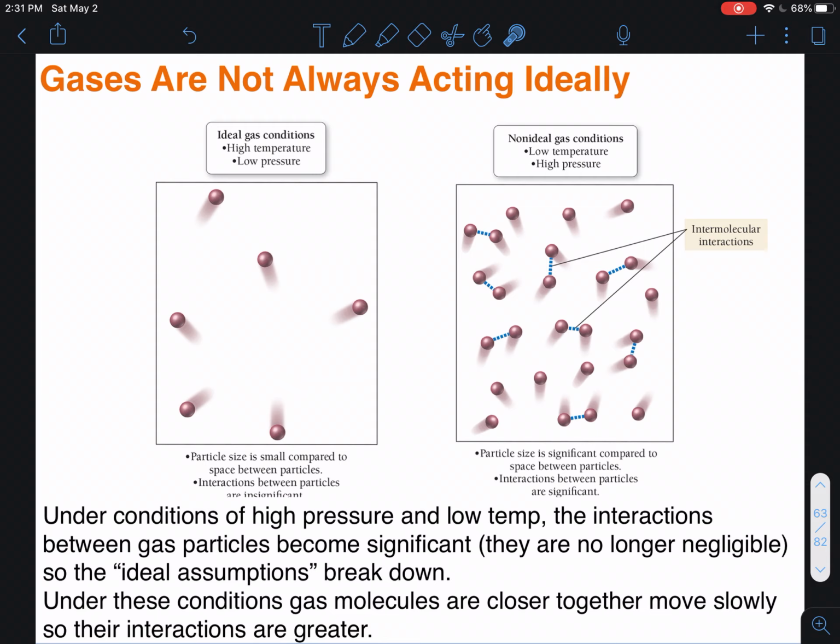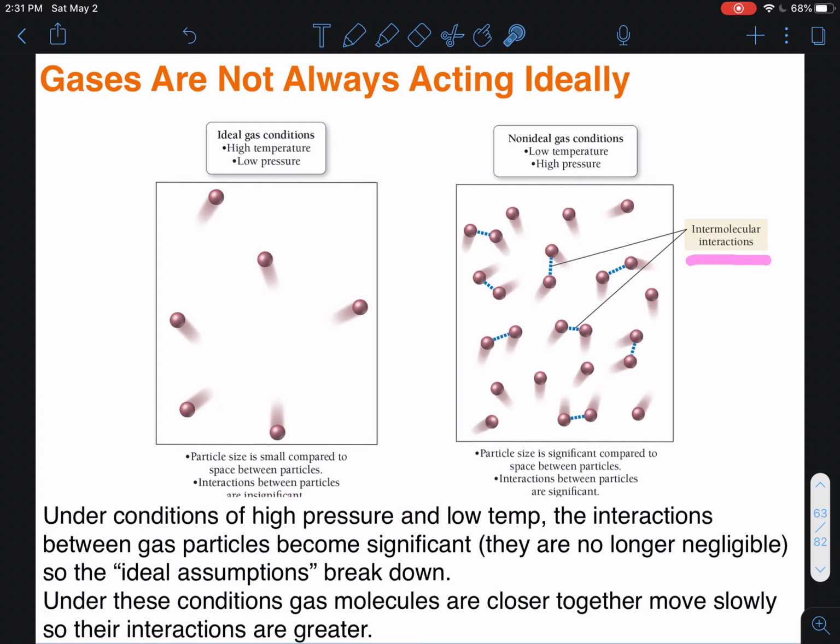So if we compress the gas to make the particles closer together, and if we cool down the gas to make them move slowly so that they do interact with each other, we have to take intermolecular interactions into account in our equations. For the ideal gases we've dealt with throughout this entire chapter, we've assumed that the gases don't interact with each other.